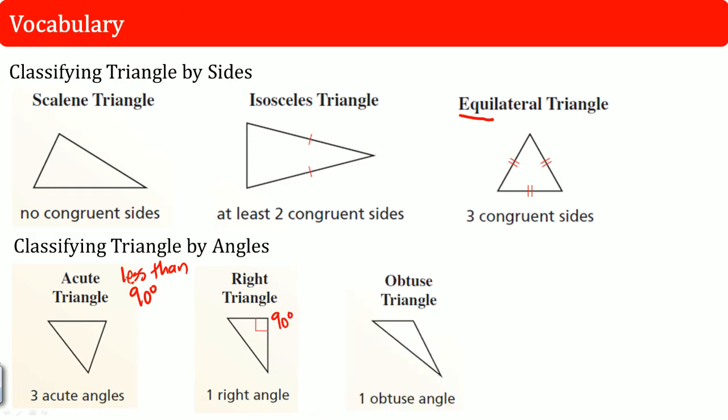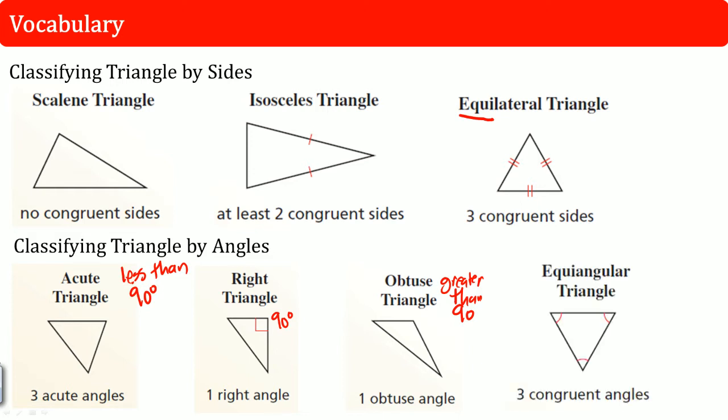Obtuse means it is greater than 90 degrees. This is the big one right here, very big. And then you have an equilateral triangle, which means they're all the same. For this to be possible, they're all 60s. An equilateral triangle is unique in the sense that we know the angles are automatically all 60s.